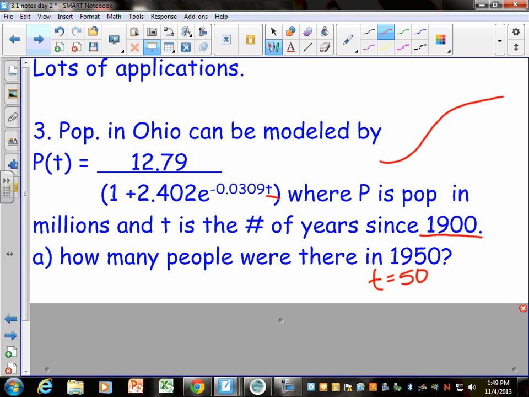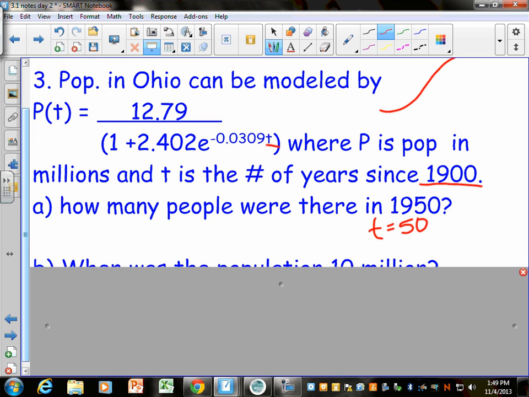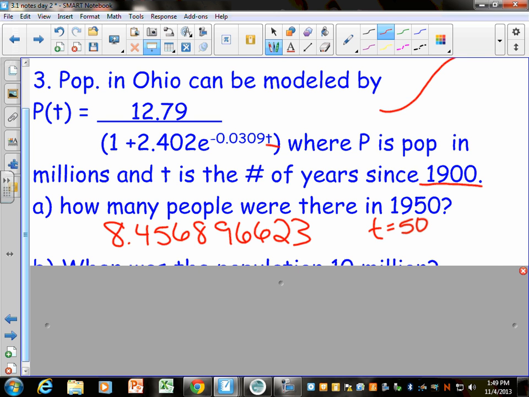Like mine, you have to hit second to get to it. I got 8.456896623. Did you get something like that?